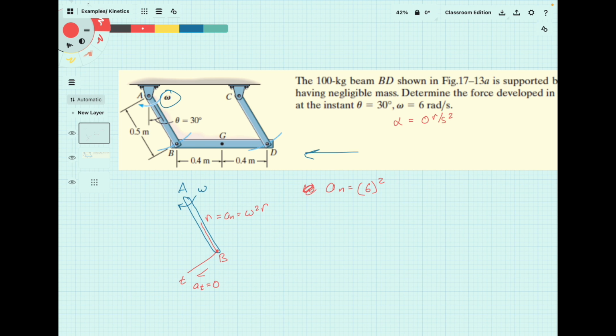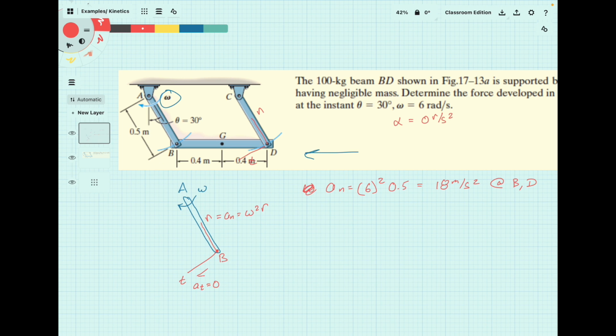And then R is 0.5, so we've got 36 over 2, or 18 meters per second squared. Now, just for reference, if I was to do the same thing over here at the other rod, I'd get the same result. So that's going to be the acceleration at B and D, because it's the same geometry moving at the same speed.